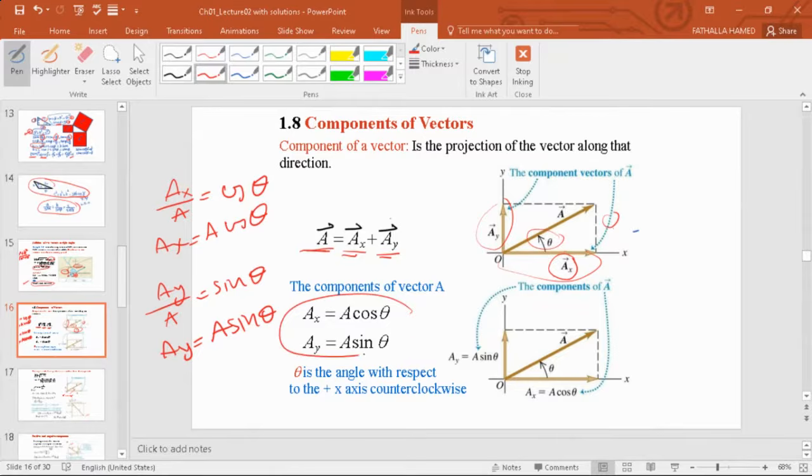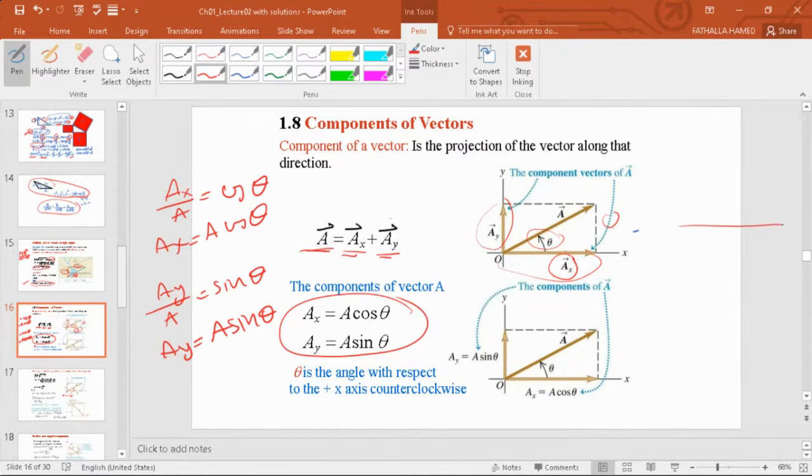These are how the x component and y component are related to the vector and the direction that the vector makes with the positive x-axis. So I can break the vector into components. But you have to be careful because you're measuring your angle relative to the positive x-axis.